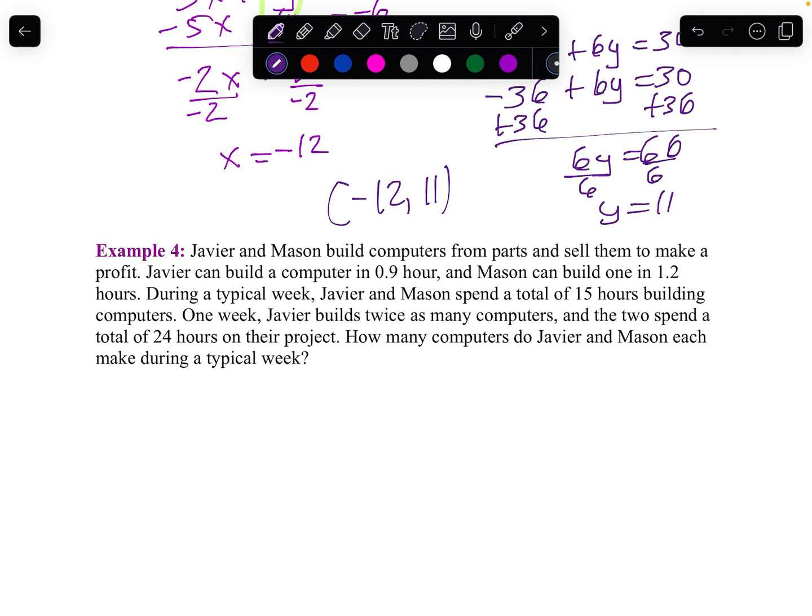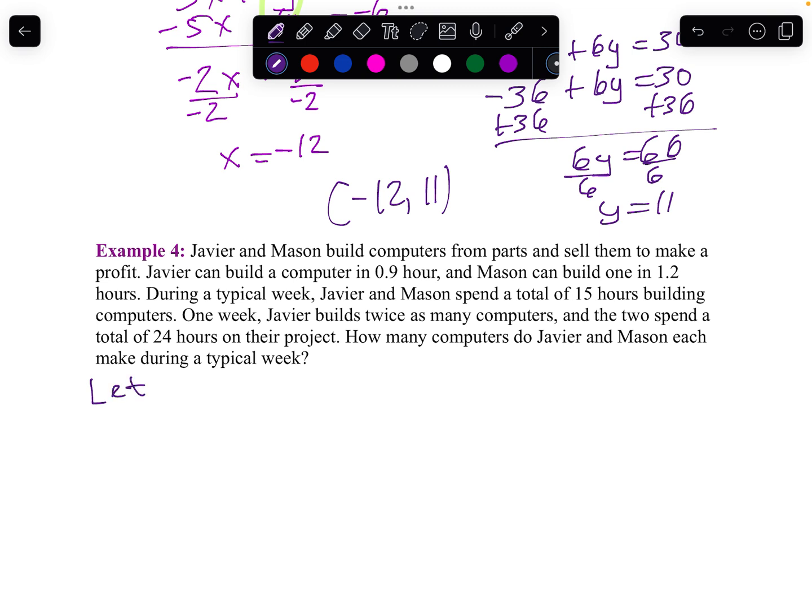One week, Javier builds twice as many computers, and the two spend a total of 24 hours. So in other words, Javier builds twice as many computers, but it takes him longer because he builds twice as many computers. His rate doesn't change. How many computers do Javier and Mason each make during a typical week? So we're going to write our let statements.